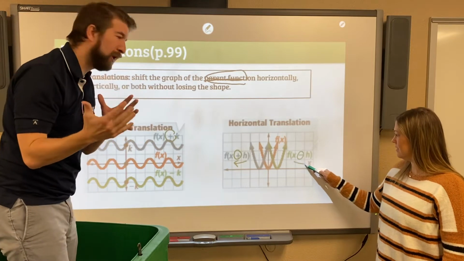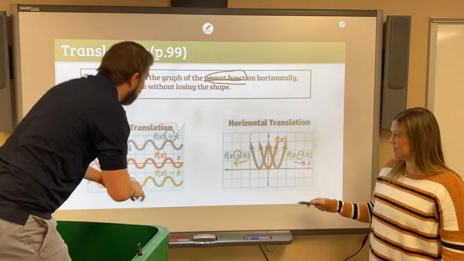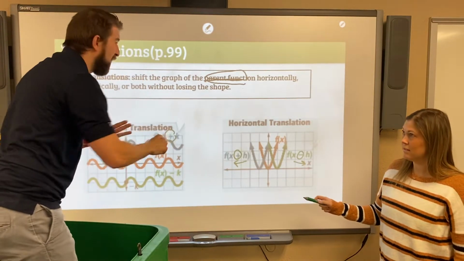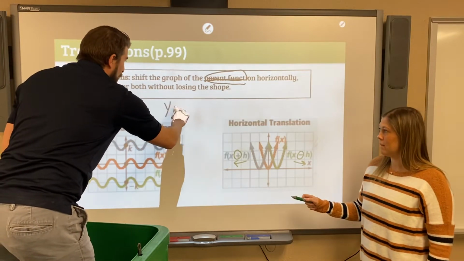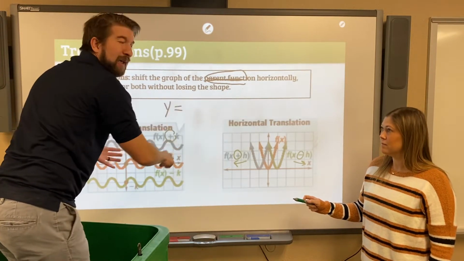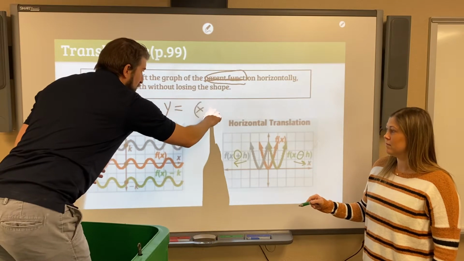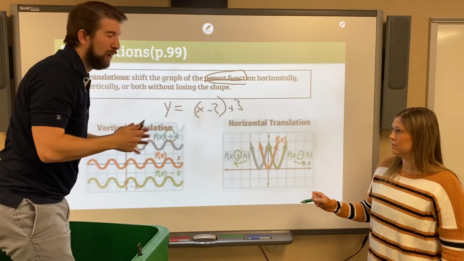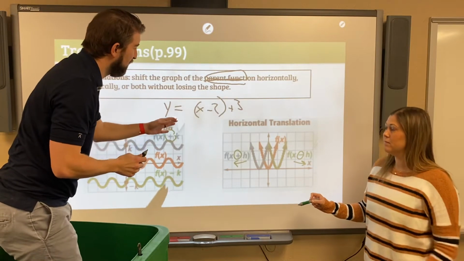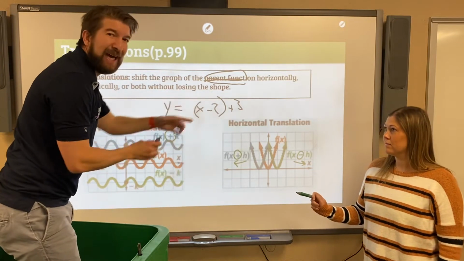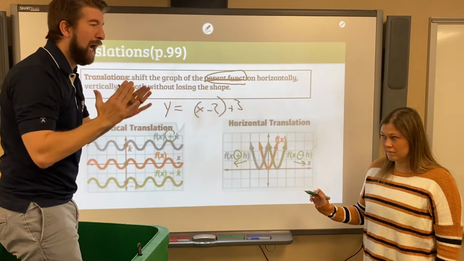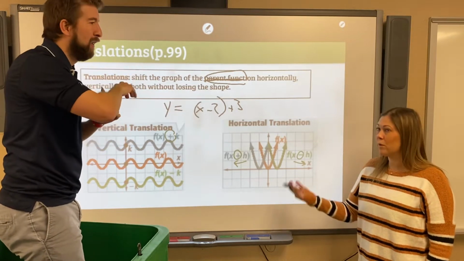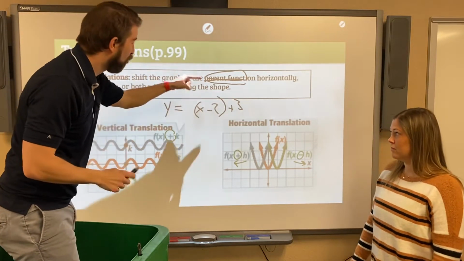The rule that we're going to use this semester is, if we have any type of graph, like y equals something, x minus 2 plus 3. Our rule, and we're going to look at this later in more detail: if there is a number inside parentheses, or inside an absolute value bracket, or inside a square root, anything like that, you drop the number.